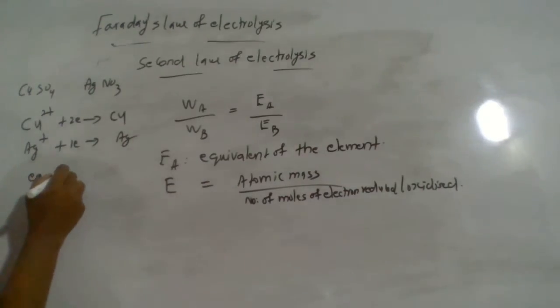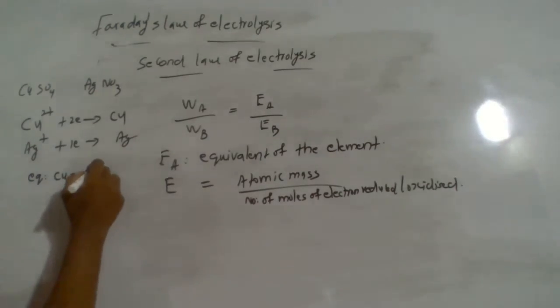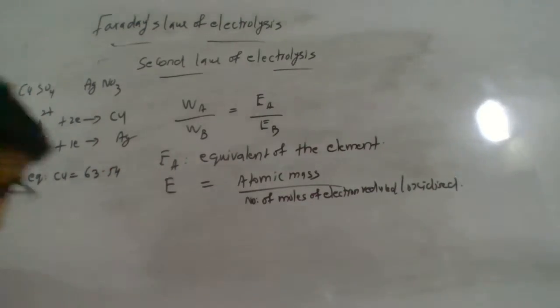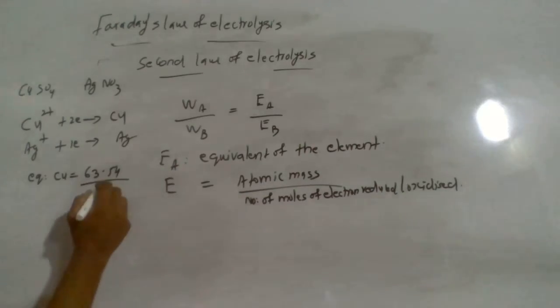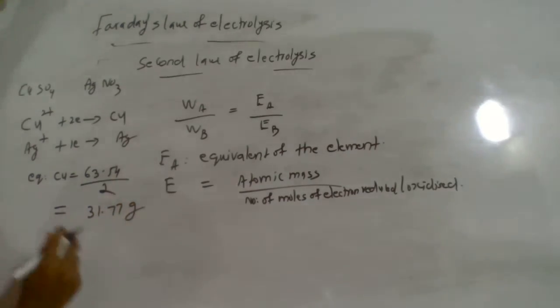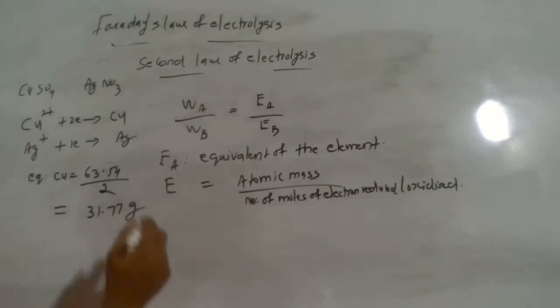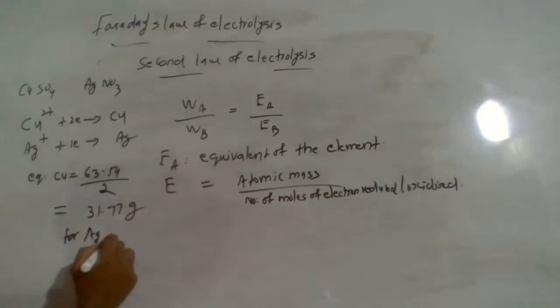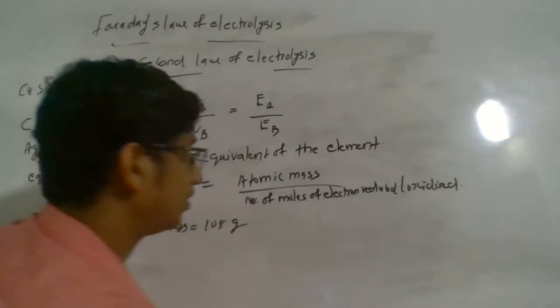Copper has an atomic mass of 63.54. The equivalent mass of copper is the atomic mass 63.54 divided by the number of electrons, which is 2, giving 31.77 grams. What about silver? 1 mole of electron is involved, so the equivalent mass of silver equals its atomic mass, nearly 108 grams.